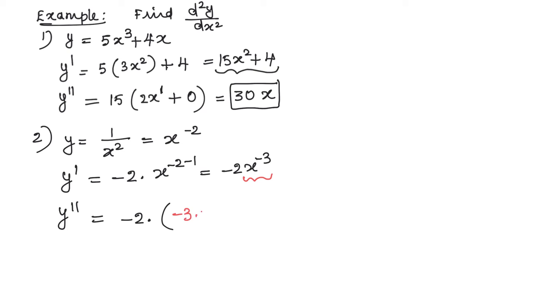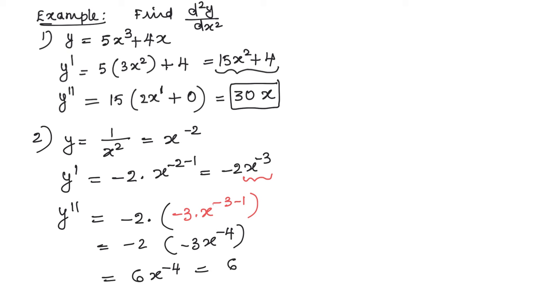So bring the exponent in front and subtract 1 from the power. So negative 3, let me write all the steps. Negative 3 minus 1, like that. So it will be negative 2 times negative 3 times x power negative 4. That is 6 times x power negative 4. You can write the final answer with a positive exponent by moving the x to the denominator.